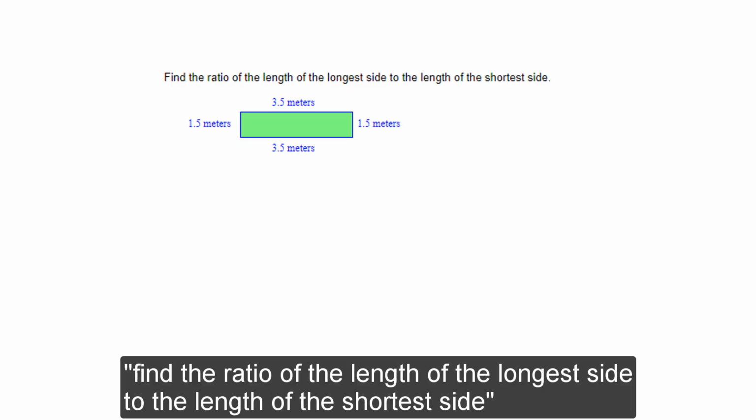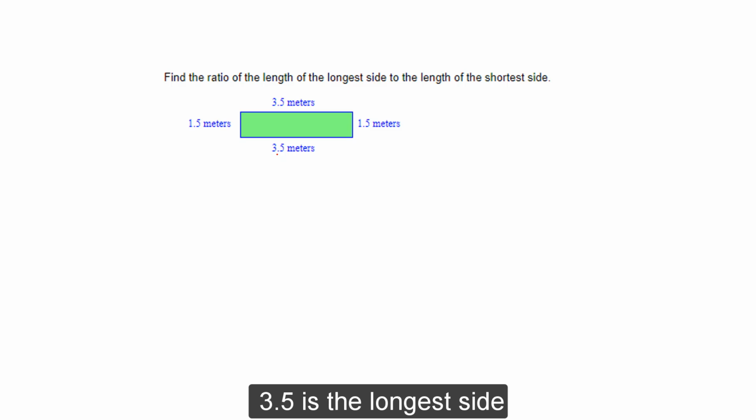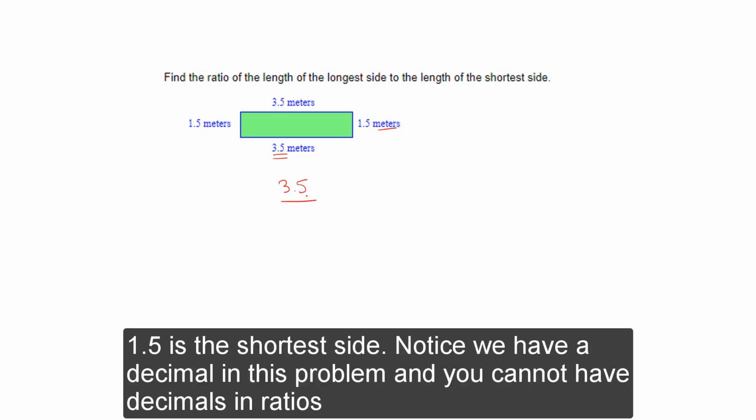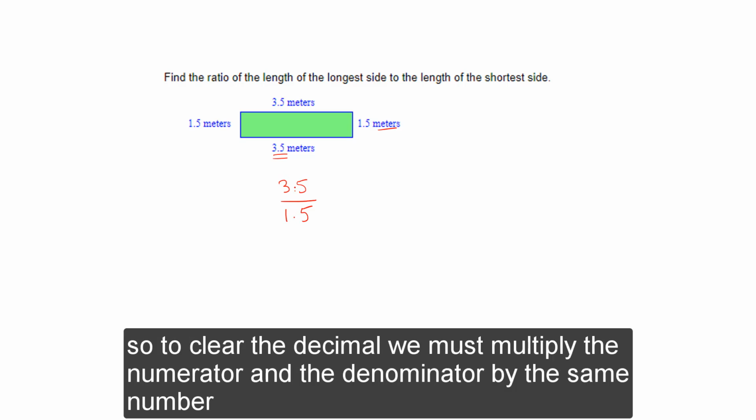Find the ratio of the length of the longest side to the length of the shortest side. Well, 3.5 is the longest side. Units are the same. 1.5 is the shortest side. Now notice we have a decimal in this problem, and as we stated at the beginning, you cannot have decimals in ratios.